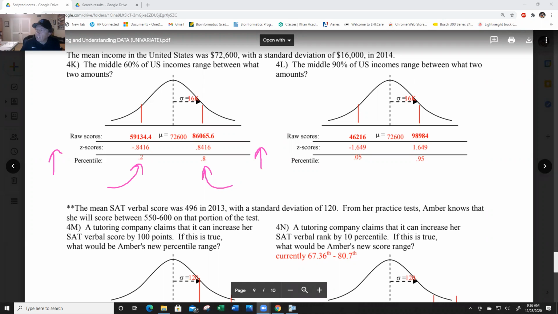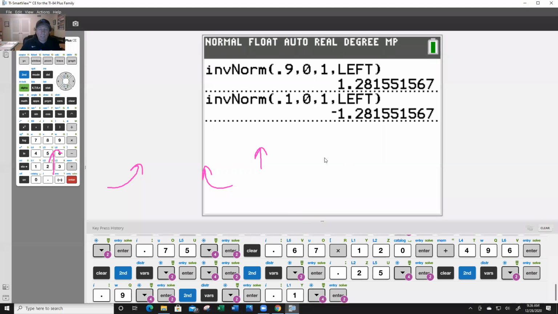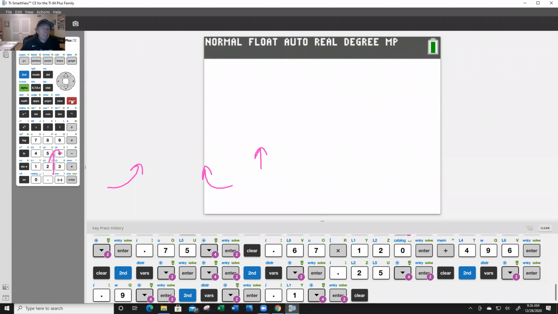Let me just show you there. I'm going to get those off the calculator in this case. I will not do the table way this time. Well, maybe I should. Let me clear the drawings there.